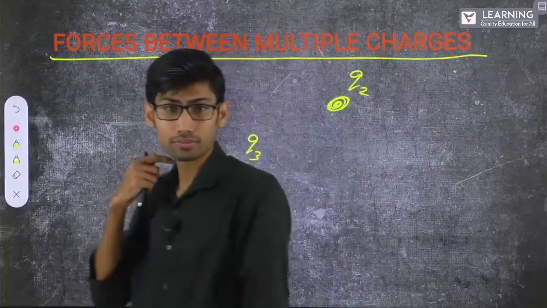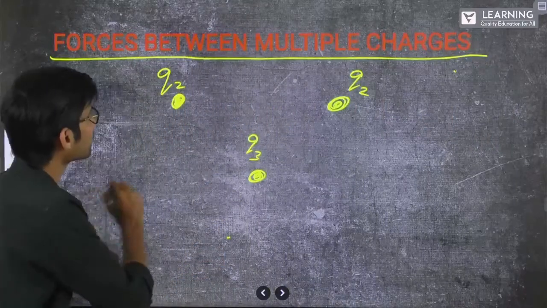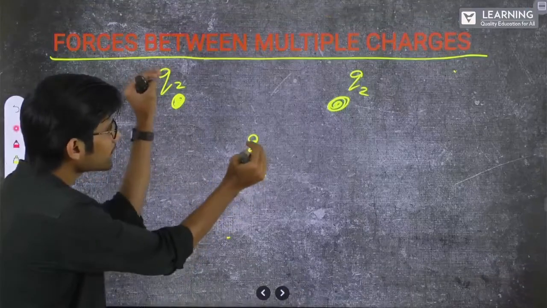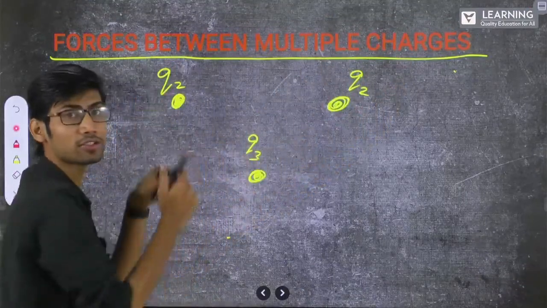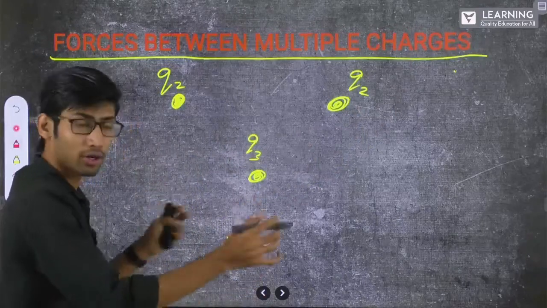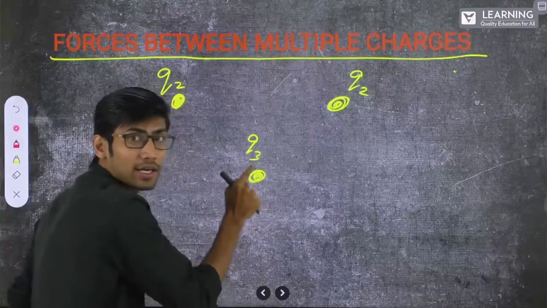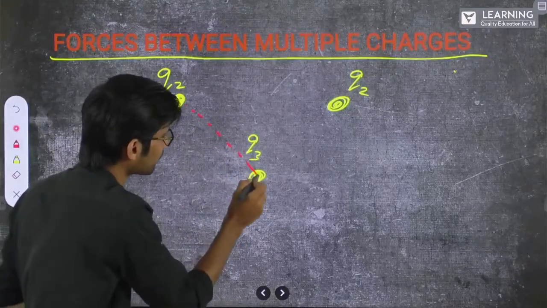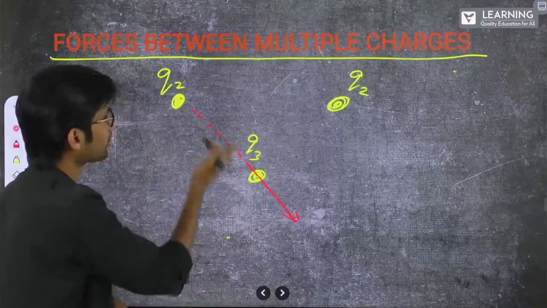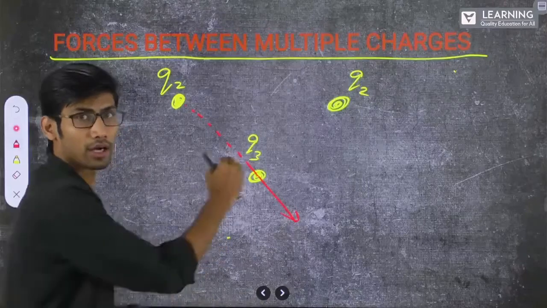Now, what happens is, if I individually find out the forces, if only these two are there, if I don't consider this, if I forget about this, if I just consider these two charges in free space or anywhere, the force on this charge due to this charge will be along the same line, and since both are positive, it will be a repulsion, so it will be outside.